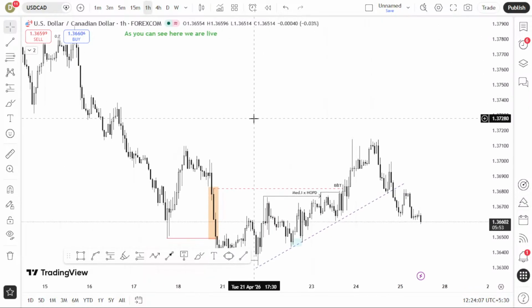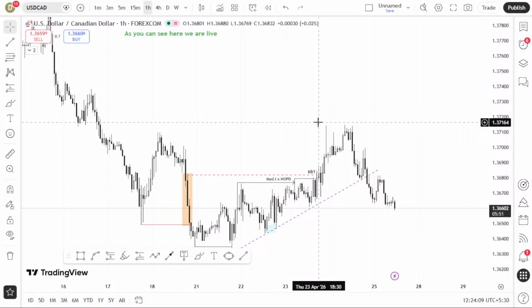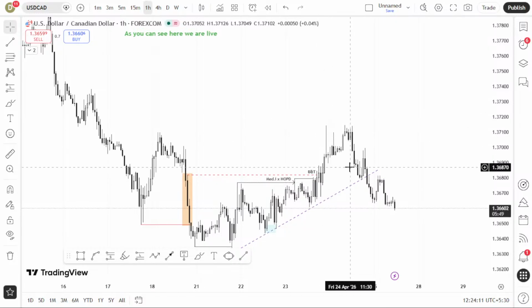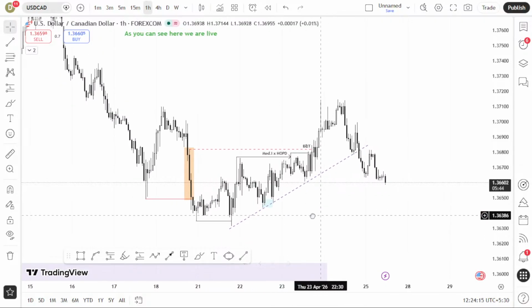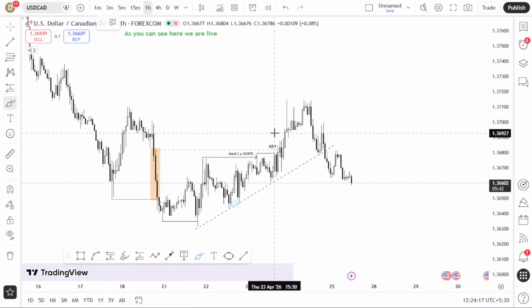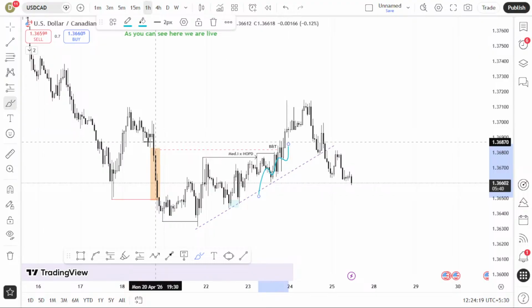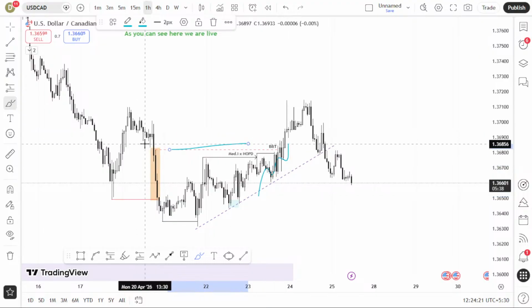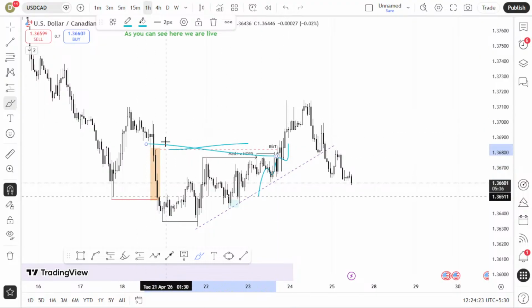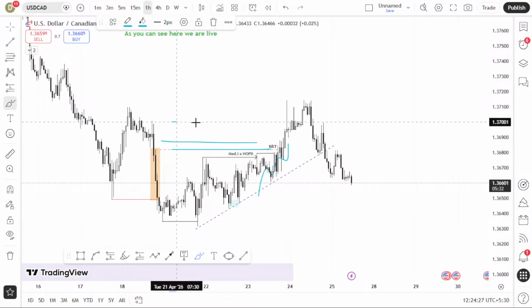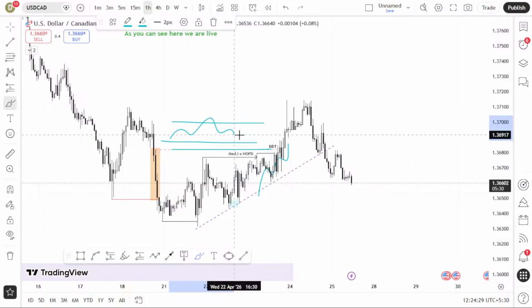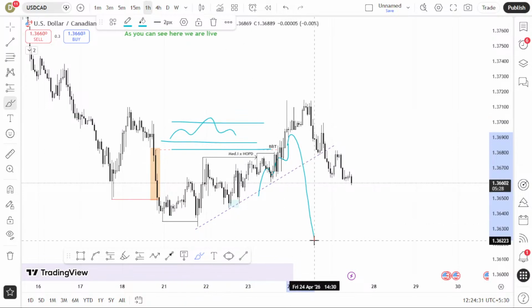On Thursday, I was expecting price to induce this zone and move to the downside, but that has not happened. I was expecting inducement of this break and test, mitigation into this area, and price will move to the downside.